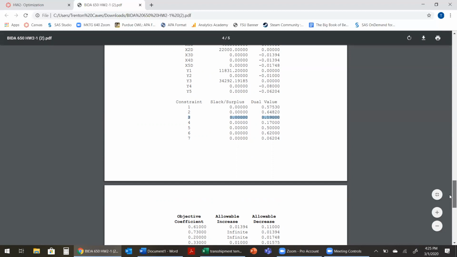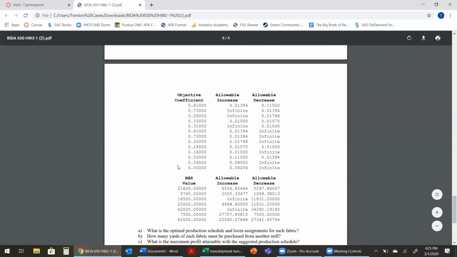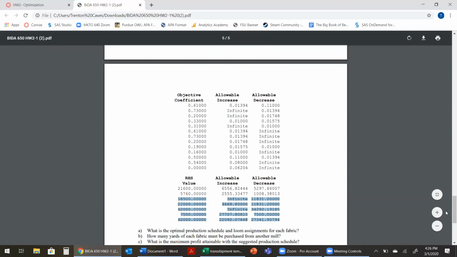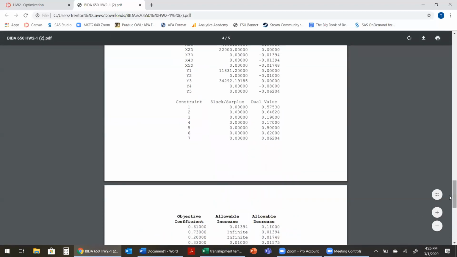So you're referring to the range of feasibility in this last section to discuss your demand levels, and your dual value to discuss how those change your profit.